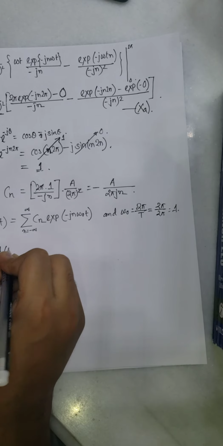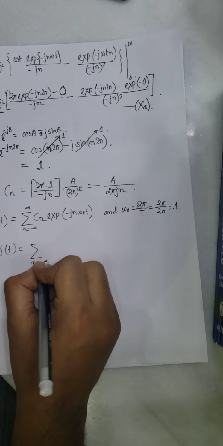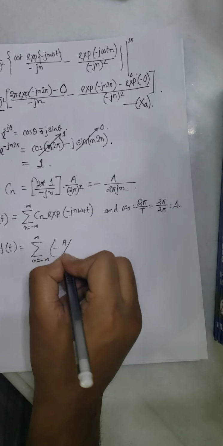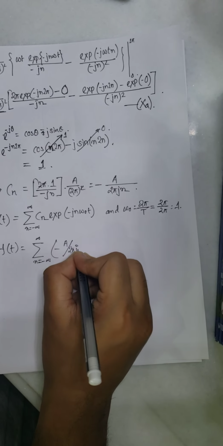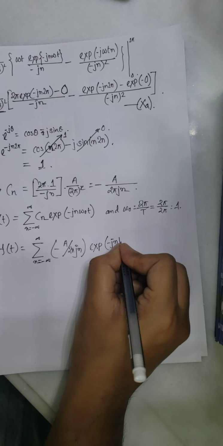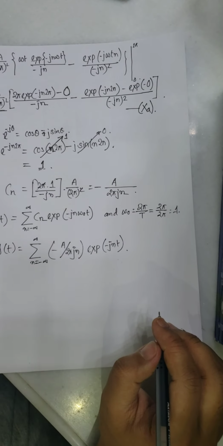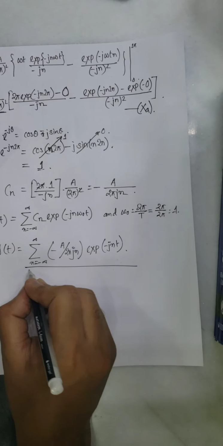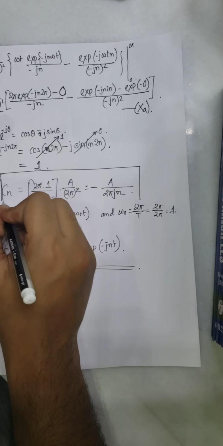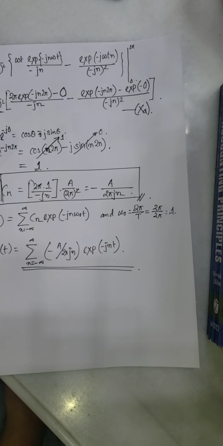So f of t is a summation with n going from minus infinity to infinity of minus A over 2 pi jn e to the power jnt, which is our required Fourier series expansion, and this is our Fourier series coefficient.